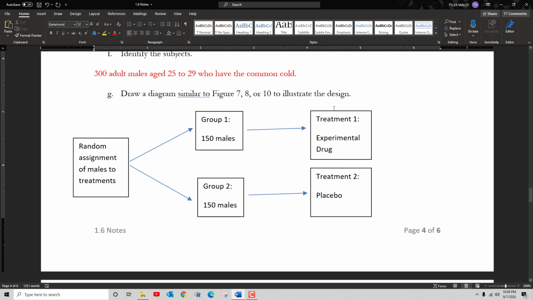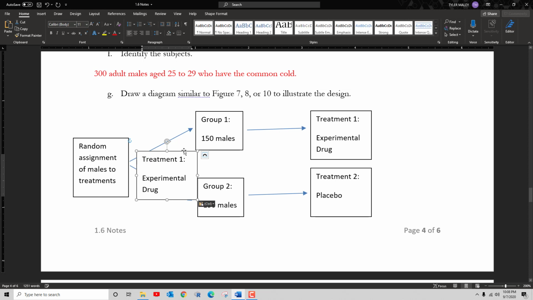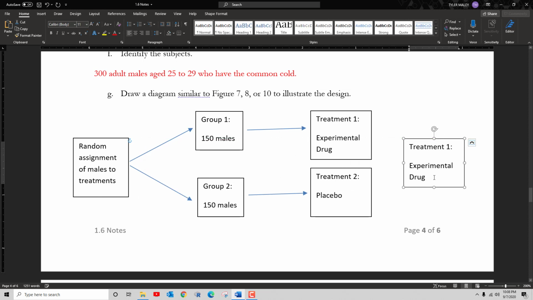And then from there, what we want to do is to compare the proportion of subjects with colds.